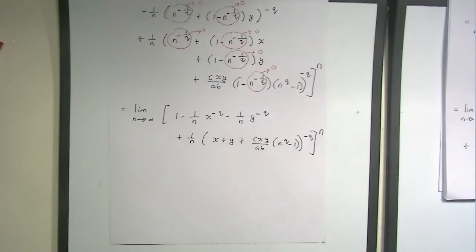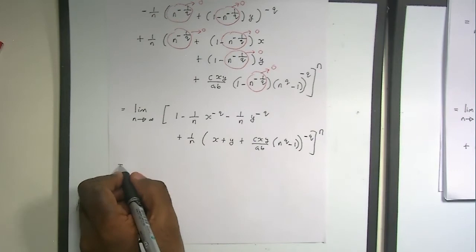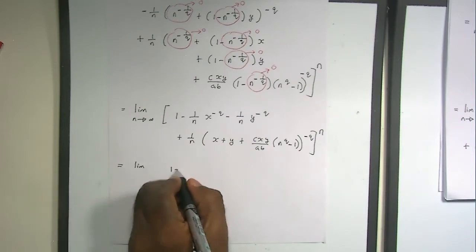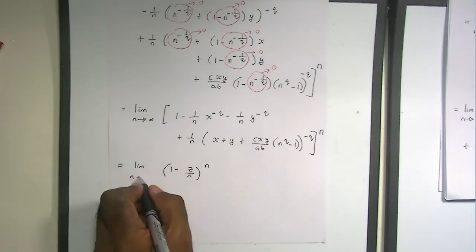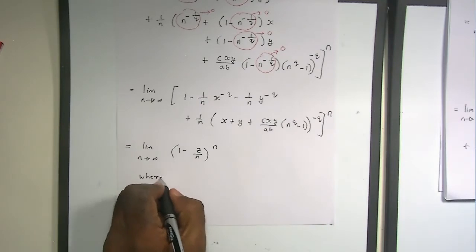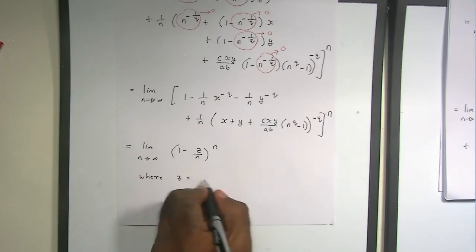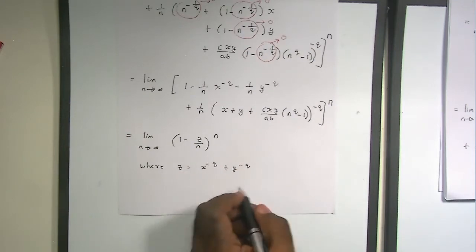Right? Now at this stage you need to use the familiar rule. I hope the familiar rule is that you can write this as the limit of 1 minus z divided by n, to the power n, as n goes to infinity, right? Where your z is equal to this.